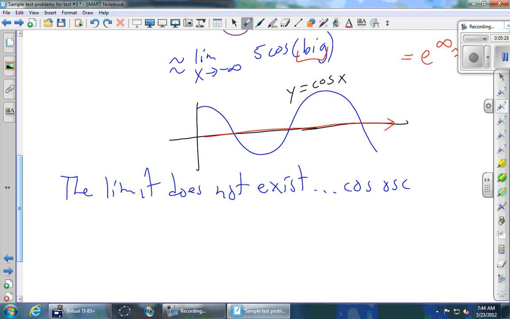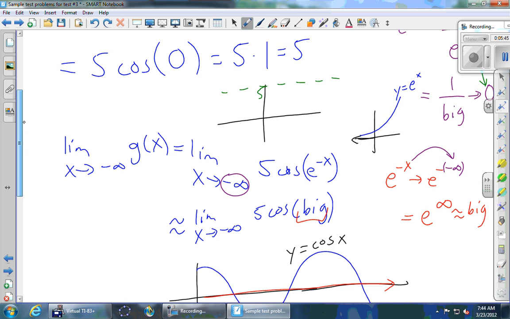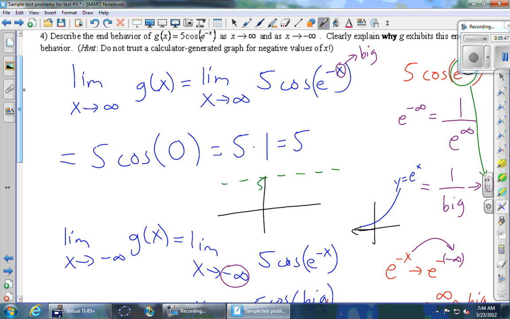Cosine oscillates infinitely often. So on the left-hand side of this graph, of this crazy equation up here at the top, I'm expecting to see the graph oscillate infinitely often.